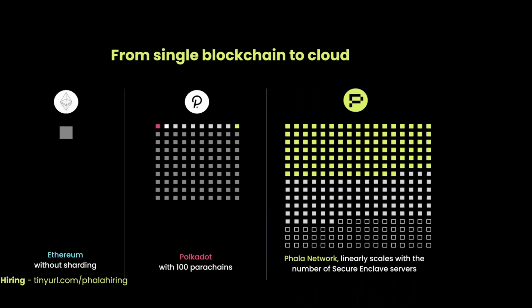On the left side there is Ethereum, which is just a single blockchain, and Polkadot may have 100 parachains, and on our end we may have maybe thousands or even 10,000 off-chain workers running to do the computation. So that's how we use Substrate to organize our network.